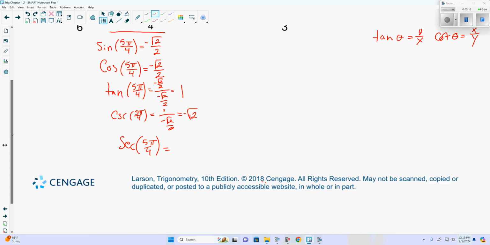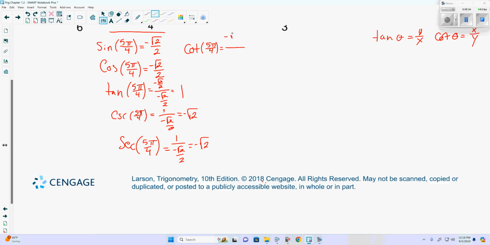Secant is 1 over x, which is going to be 1 over negative square root 2 over 2. Well, just like cosecant, that's still going to work out to be negative square root of 2. And the last one is cotangent.